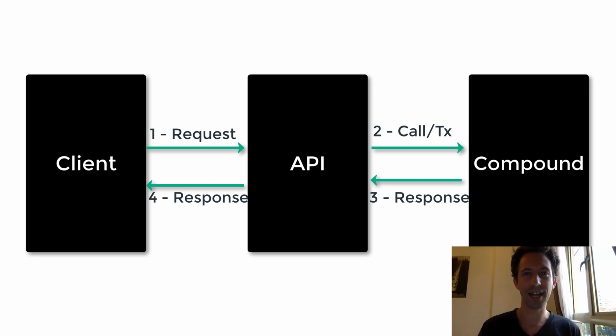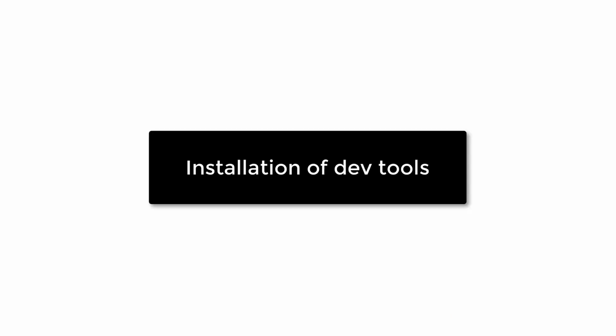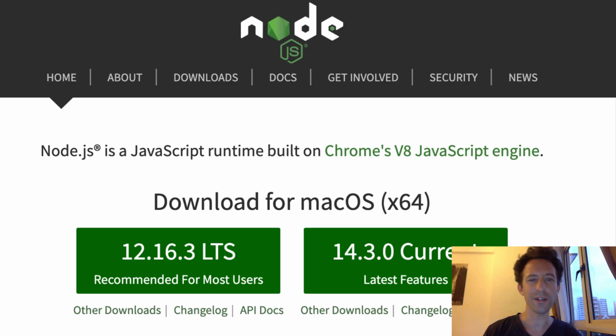Okay, enough talking, now we can start the coding, and first we need to make sure that you have installed all the tools necessary for our API. We're going to use Node.js for our API, so you need to install Node.js on your computer. If you don't have it, just go to the website of Node.js and install the LTS version, which is at v12 at the moment.